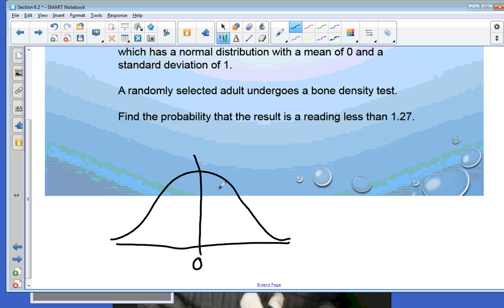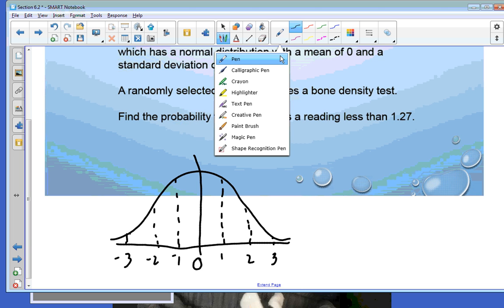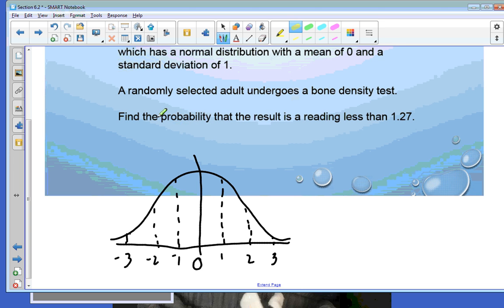We know that 1 standard deviation away, 2 standard deviations away, 3 standard deviations away are also my z-scores. And of course, I could do the other side and go the other way of -1, -2, and -3. But I want to find the probability that the result is less than 1.27.